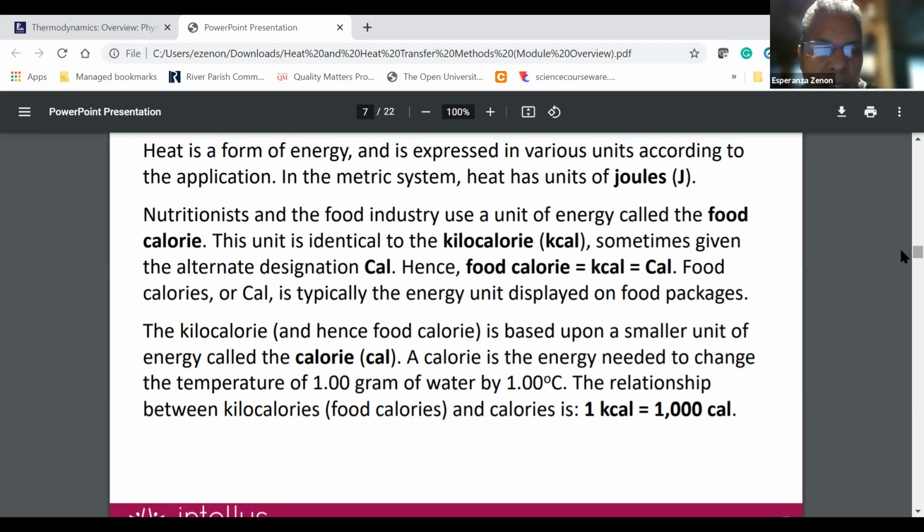We don't get too much into the food calories in here. Like if you take a biology class, they talk about food calories in terms of body functioning and processes, right? Brain function, kidney function, those types of things, how much energy is associated with those processes.